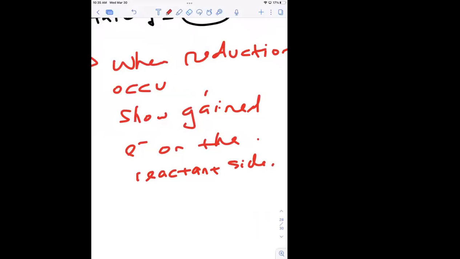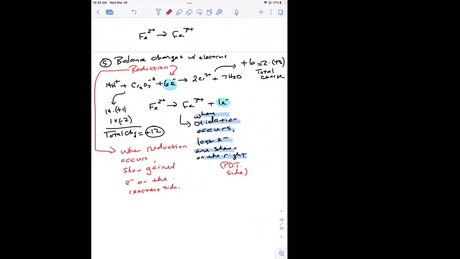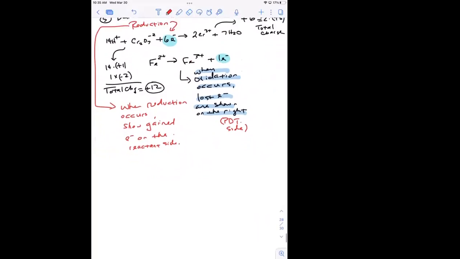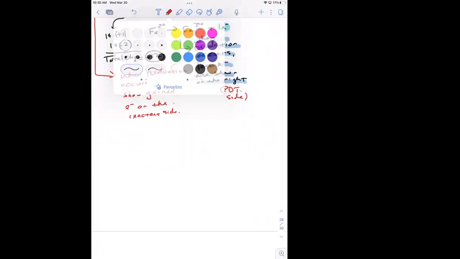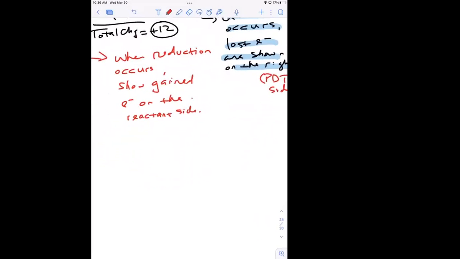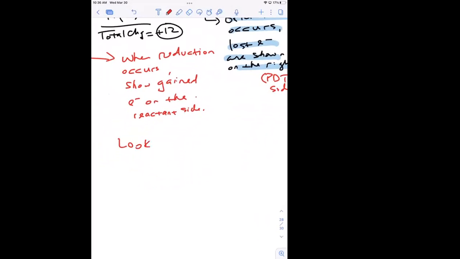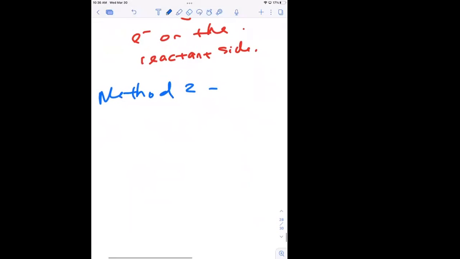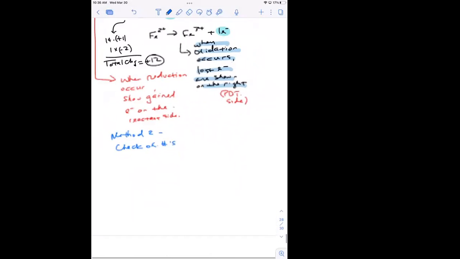There's another way to do this. If we were looking at chromium to see if it got oxidized or reduced, we could easily check the oxidation numbers, right? So we did method one, we just balanced the charges by adding up all the total charge. But the other method would be to look at chromium. We can look at the iron and easily tell that that's oxidation because the charge went from 2+ to 3+.